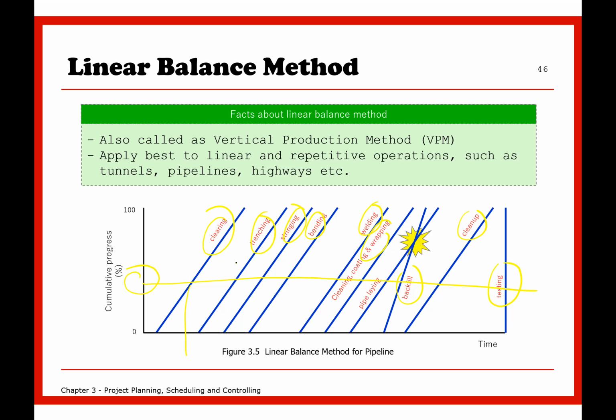And it is not to say that once we use LOB, we are not going to have a bar chart or a PDM diagram. No. We might have a bar chart, we might have a PDM diagram, and even LOB for this particular project, because different graphics are meant for different purposes. So that you understand why there are so many scheduling techniques: they are meant for easy reference.